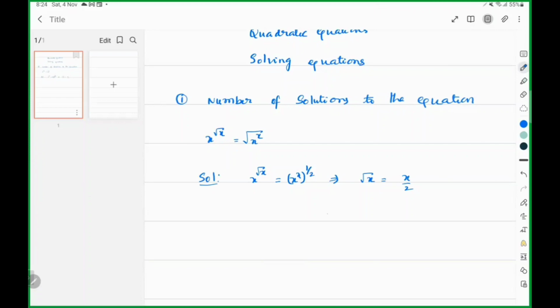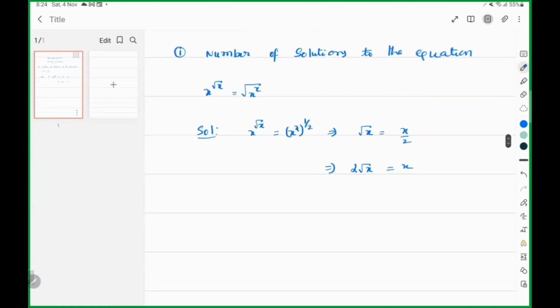Then what we get is 2 root x is x. Somebody cancels root x and writes x equal to 4 as the solution.